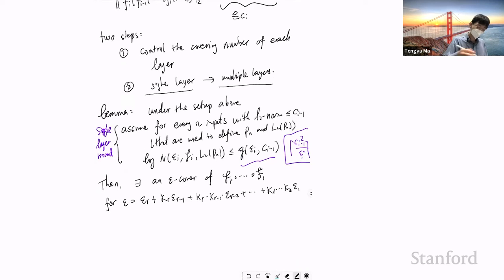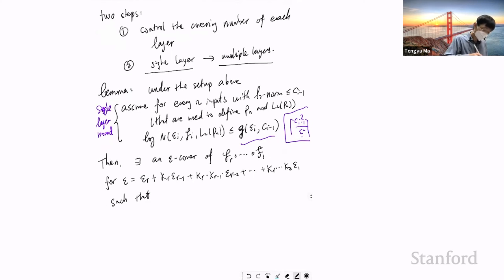So this is G. Then there exists an epsilon cover such that the log size of this cover is bounded by the sum of G of epsilon_i and c_{i-1}, for i from 1 to r.